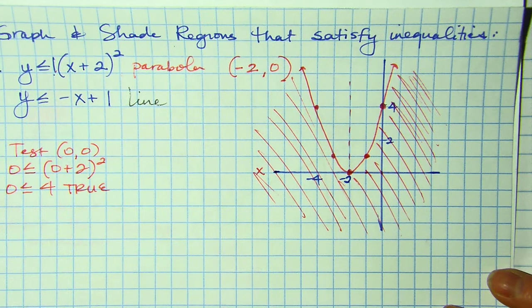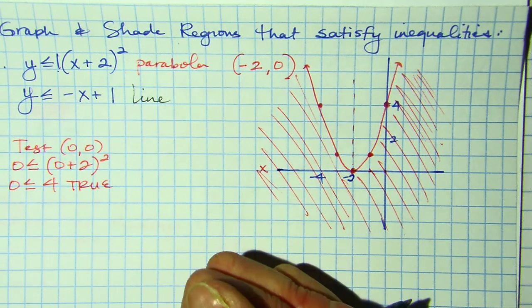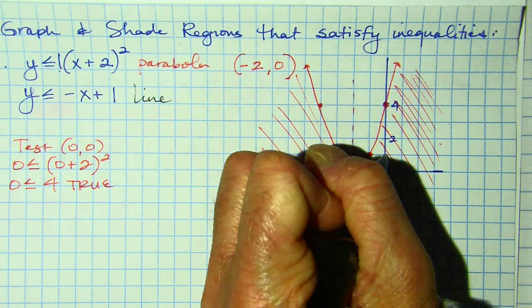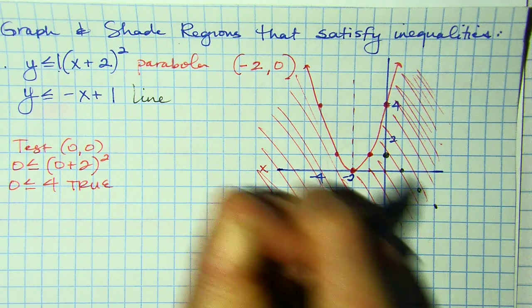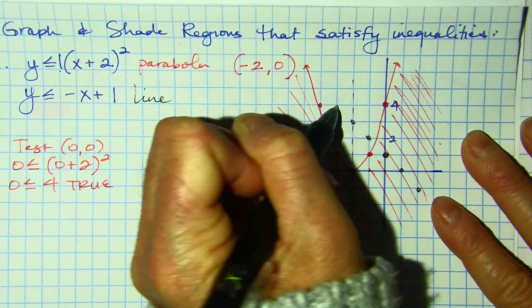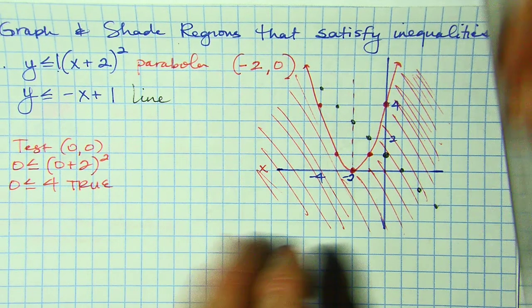I shouldn't have to tell you how to graph a line. My y-intercept is 1. My slope is negative 1. So here is my line.